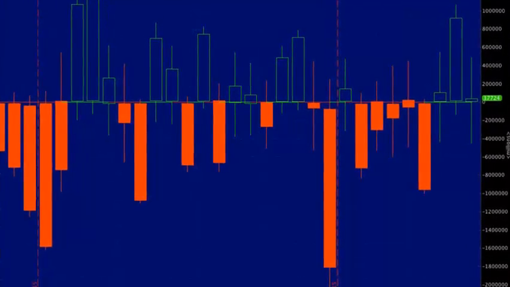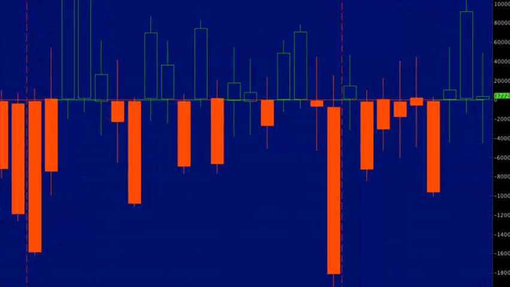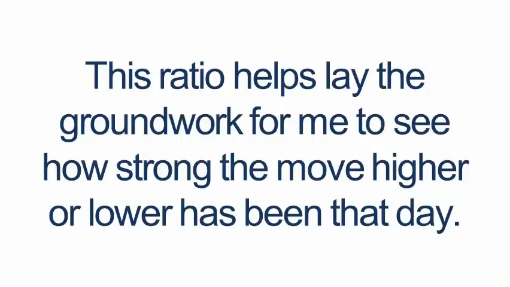For a strong positive trending day, we want to see this ratio at a value of at least 2 to 1 positive. This means we have 2 times the amount of volume going into names moving higher on the session when compared to volume going into names moving lower. The opposite is true for a weak session moving lower.